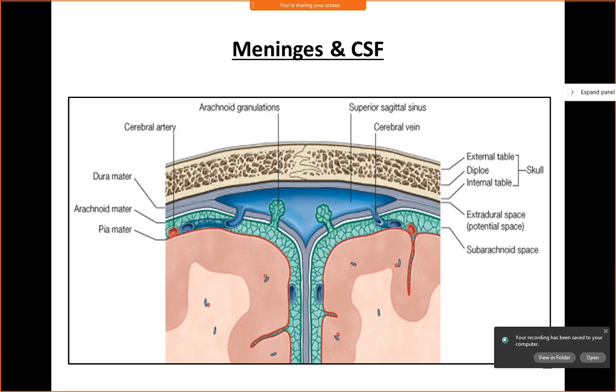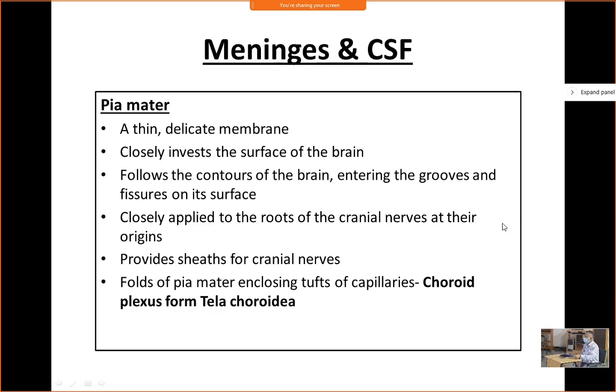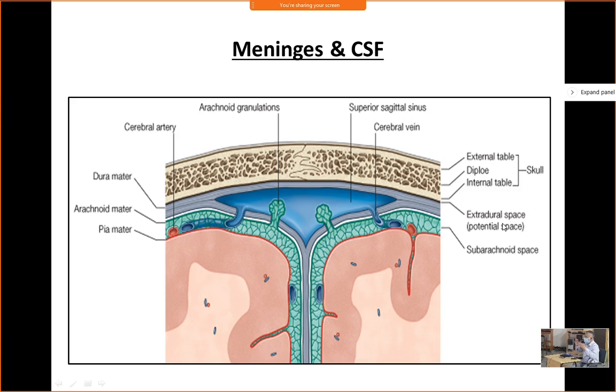Now in the picture, if you see, this is our sagittal suture. These granulations go towards the sagittal suture, and ultimately they erode and make some impression over the inner aspect of the cranial bone, particularly in our frontal bone. Sorry, parietal bone.